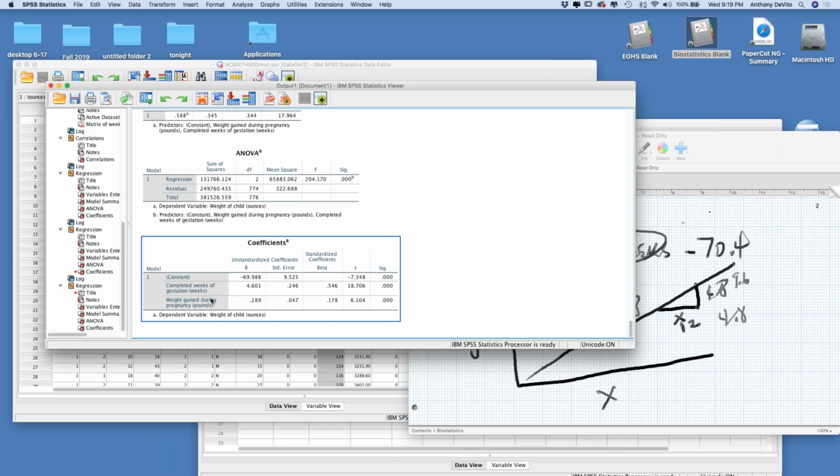That's an outrageous, gross version of confounding with something that's already built into the first variable. But it's sneaky. There are a lot of things that aren't quite as obvious. For instance, this one's not quite as obvious. Completed weeks of gestation and weight gain during pregnancy really are associated with one another, and they're really not independent of one another. So we are introducing a little bit of bias in this whole thing.